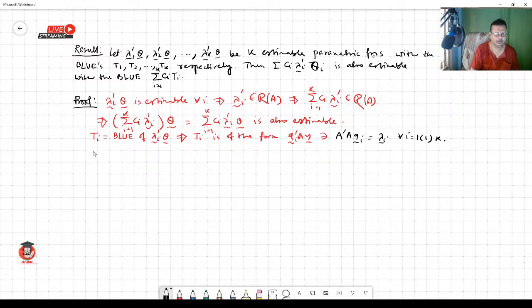Now T equals the sum over i from 1 to k of Ci Ti.